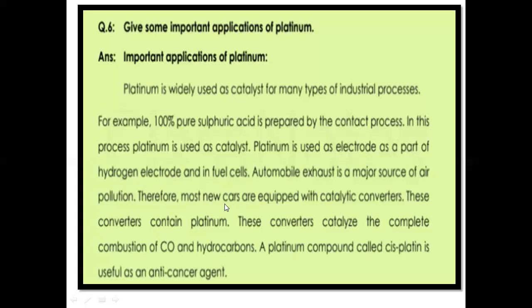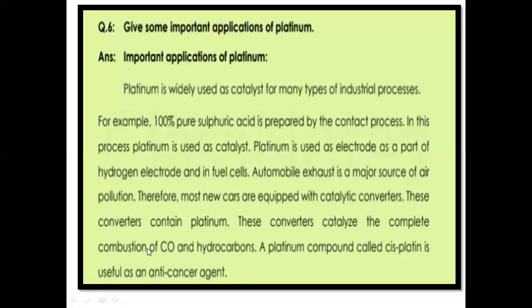Therefore, most new cars are equipped with a special type of equipment which is called a catalytic converter. These converters contain platinum as a catalyst, and their function is to convert the harmful gases into non-harmful gases.